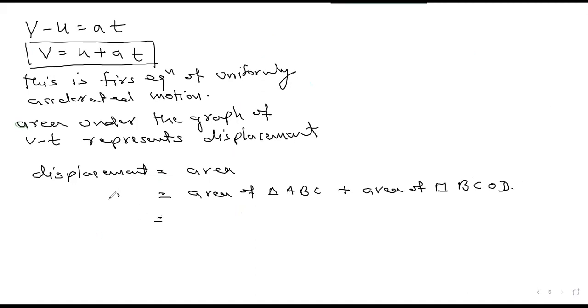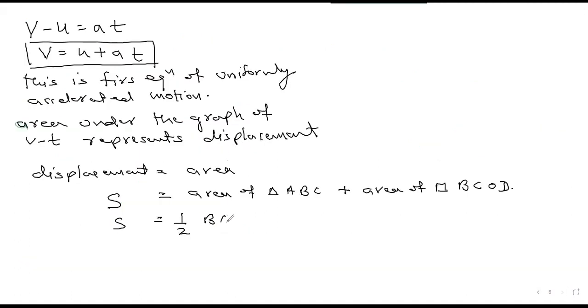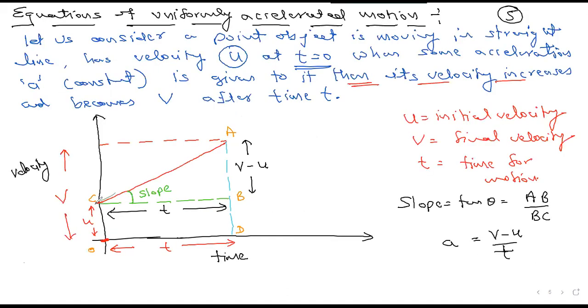Area of triangle, this is the displacement taken as S. 1/2, now this is base BC into height, so BC into AB, plus area of rectangle, BC into BD.